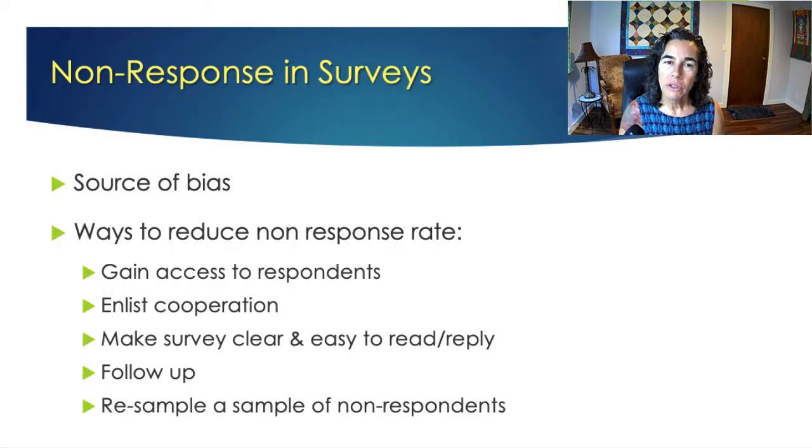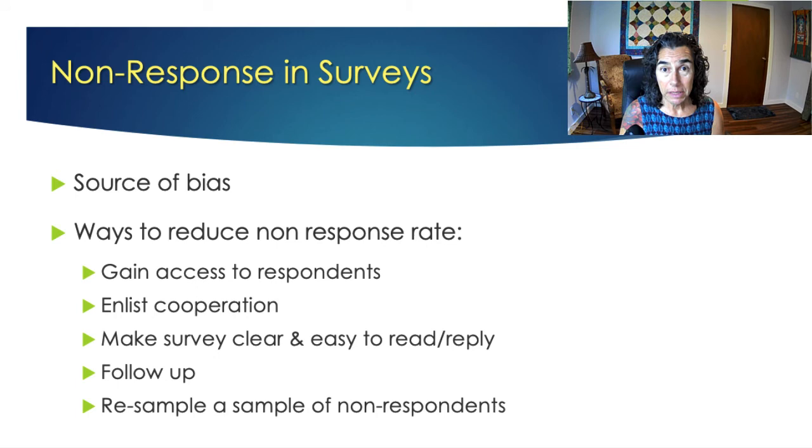All right. So non-response, in other words, people don't answer, is a source of bias, right? So again, just as I said, what is different about the people who answer versus not answer, and how does that affect the representativeness of our sample to the population? There's a variety of ways to reduce non-response rate.